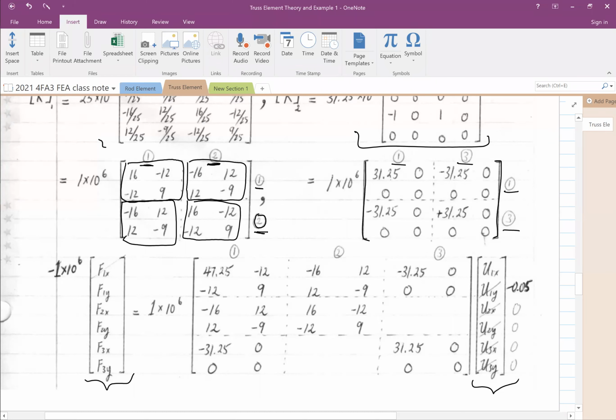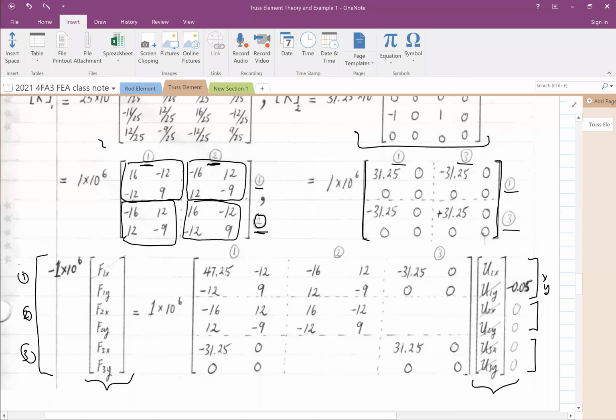The displacement has 6 entries because node 1 can move in x and y directions, node 2 also moves in x and y, and node 3 same thing. Same as the force vector, for nodes 1, 2, and 3.